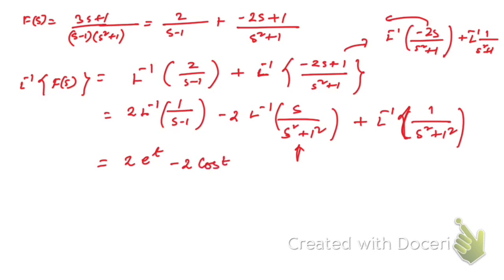That should be cos t, and let me cut it. And inverse Laplace transformation of this is simply sin t. So this should be our answer, right? So this is our answer. So this is the inverse Laplace transformation of (3s plus 1) by (s minus 1) into (s square plus 1).